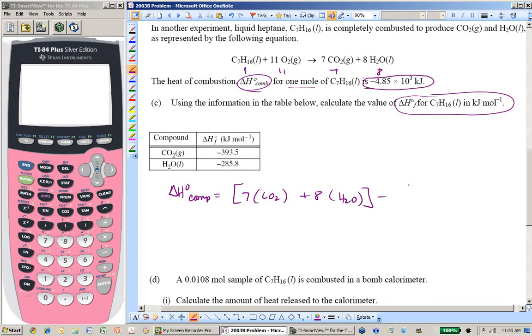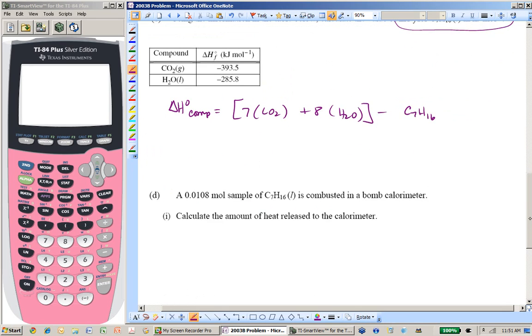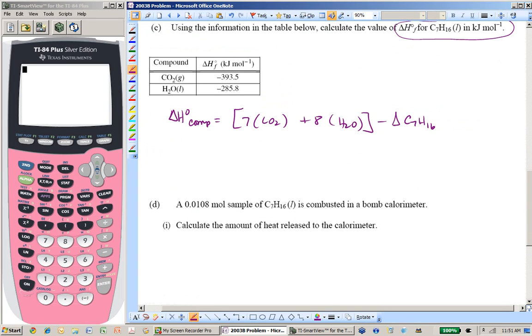That's my products, minus the sum of the reactants. Hallelujah, that's a 0. We've seen this skill before in this recording. So C7H16 delta HF is what I seek.